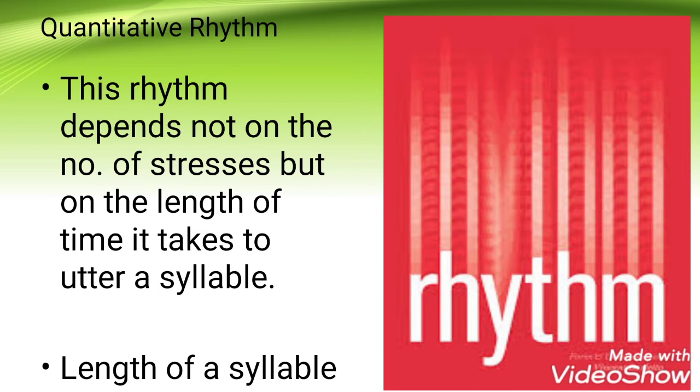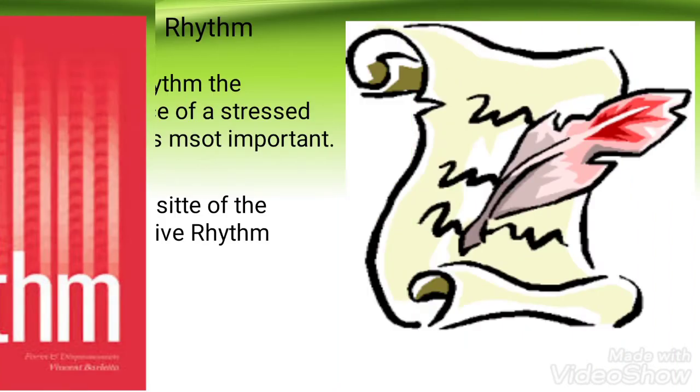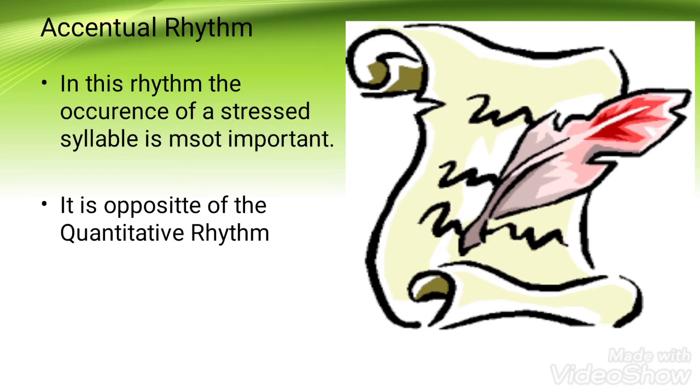That is, this rhythm depends not on the number of stresses but on the length of time it takes to utter a syllable, how long it takes while uttering a particular syllable. Keep in mind, herein what matters is not the stress but the length of a syllable. So I think that's what is called quantitative. And next we have accentual rhythm.